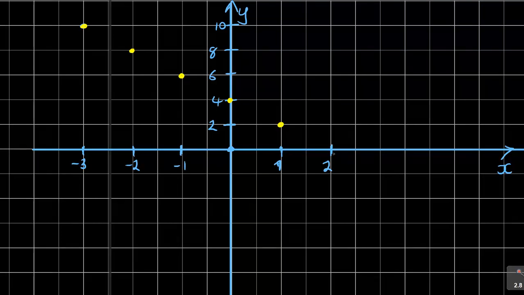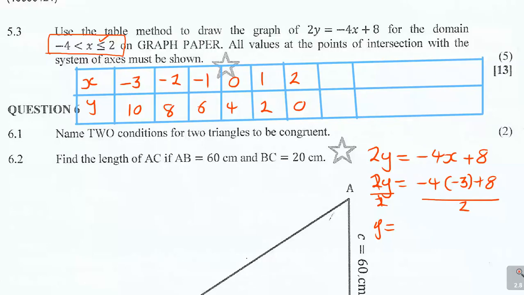And then when x is 2, y is 0. Yes, because it is a straight line. So now when you're drawing this graph, you are expecting this graph to join these points just like that. See the graph? It starts from there to there. That's when you call this graph y. It was 2y is equal to minus 4x plus 8.